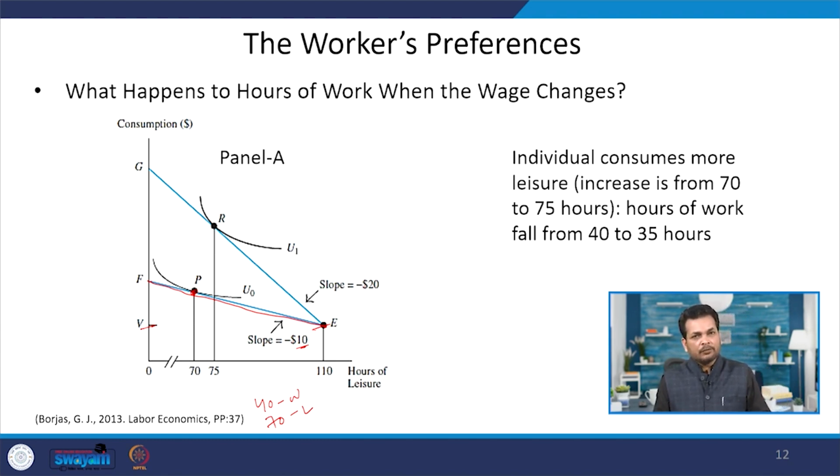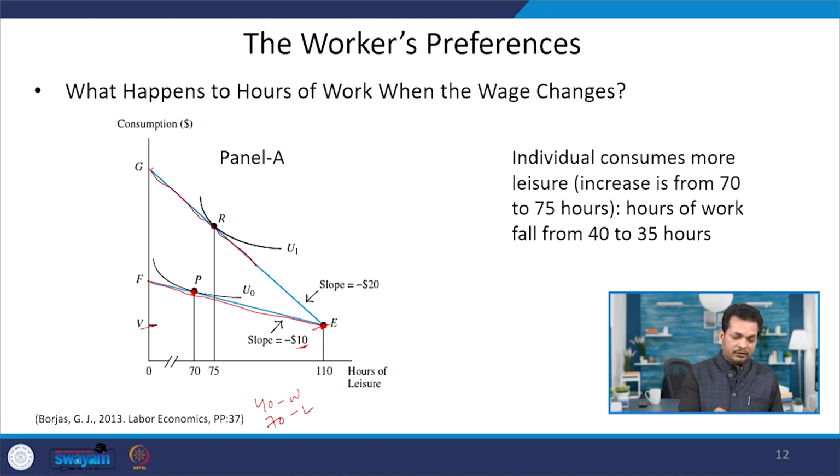Now, the wage has increased from 10 to 20. So, the budget line will move around this endowment point E. The new budget line is GE.